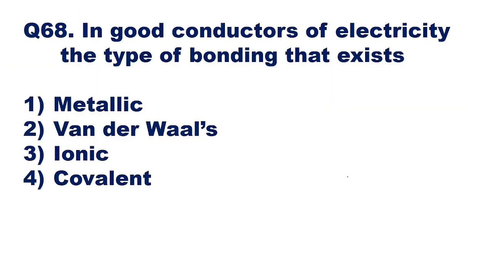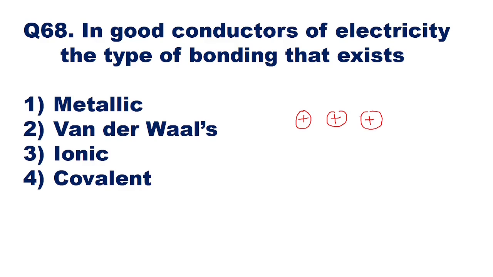Now here it is asked: in good conductors of electricity, the type of bonding that exists is which one? Options are metallic bonding, van der Waals bonding, ionic bonding, and covalent bonding. Now if you remember the crystalline structure of a metal, we know that metals are made up of positive ions which are very closely packed together.